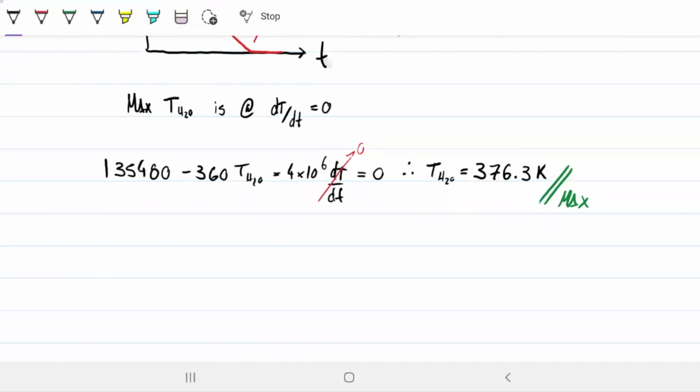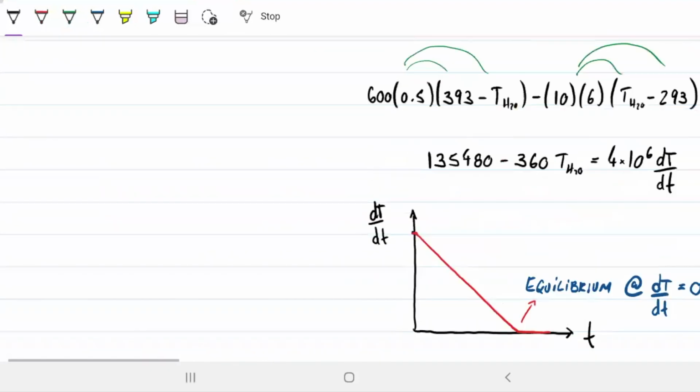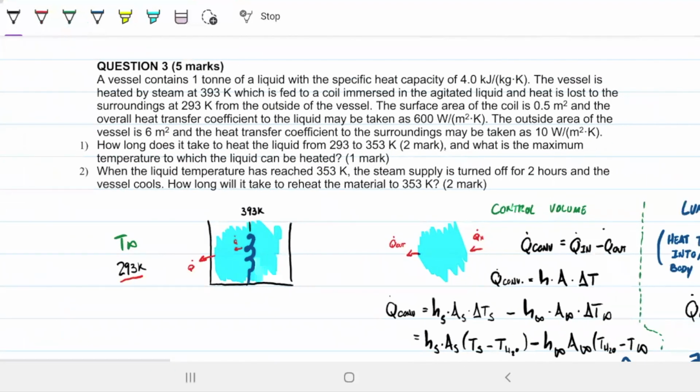Now, next part, how long does it take to go from our initial 293, was it? See the question? Yeah, 293 to, what is the end goal here? 353.